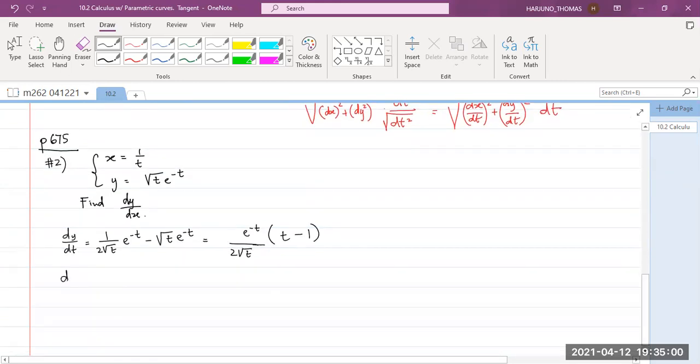And dx/dt equals negative 1 over t squared. So dy/dx will be e to the negative t times t minus 1 over 2 square root of t divided by that, or multiplied by the reciprocal.